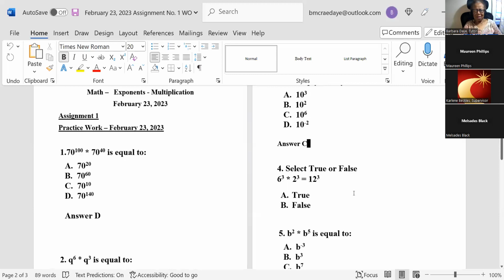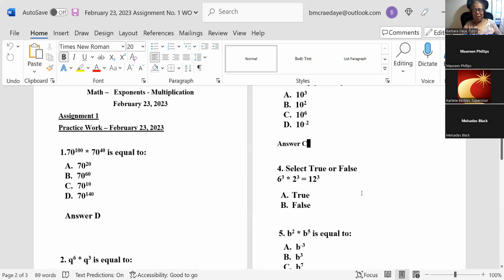Maureen, what's the rule? They still have the same power but they have different bases, so what do you do? You multiply the bases and just take the power and make it one number, the third.